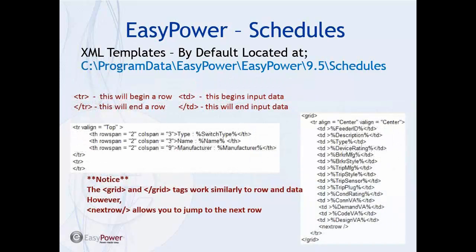A little example here on going into the XML code and the schedules, and basically the XML is a derivative of HTML. It's a hypertext markup language, or a hypertag markup language is what they call it. And so you have these little tags that go into the code, and more or less you're looking at TR and TD.